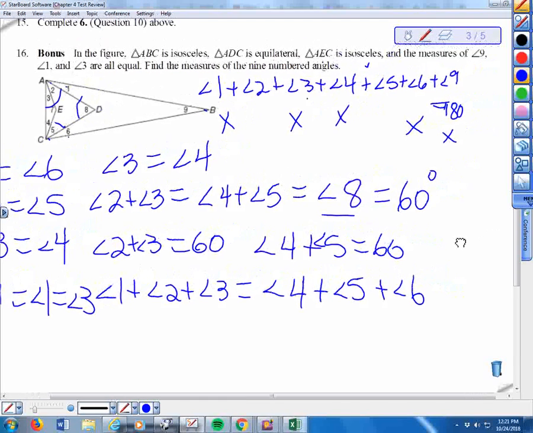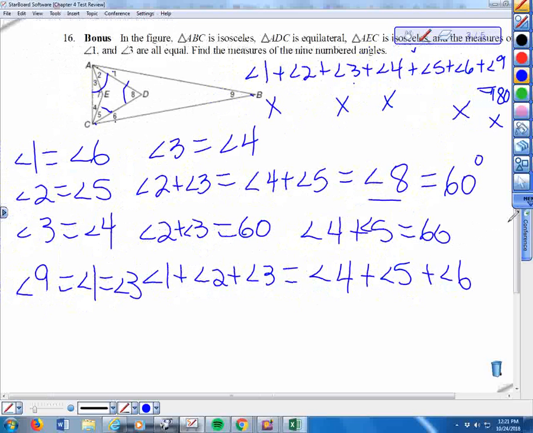Do I know anything special about the relationship of 2 and 5? Well, 1 and 6 are equal. 3 and 4 are equal. What about 2 and 5? Two and 5 are equal, but how are they related?